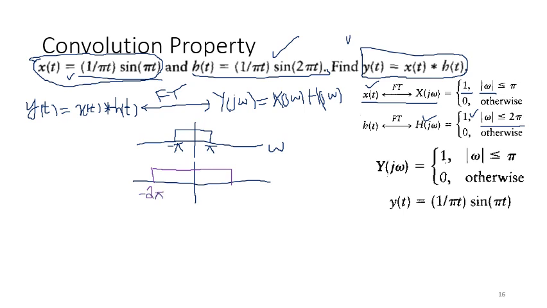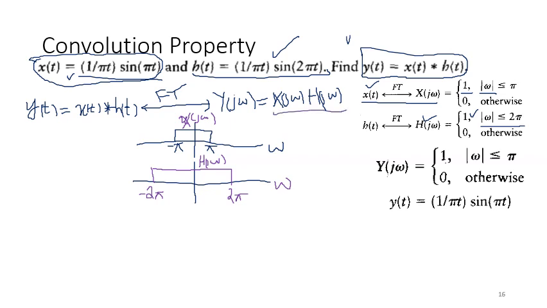This is omega, this is X of j omega, because we are in the frequency domain, and this is H of j omega. In the frequency domain they are multiplied.